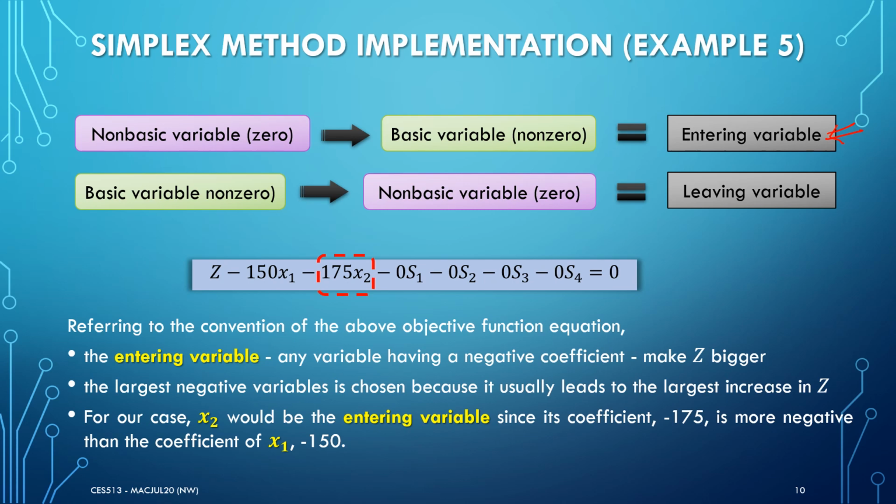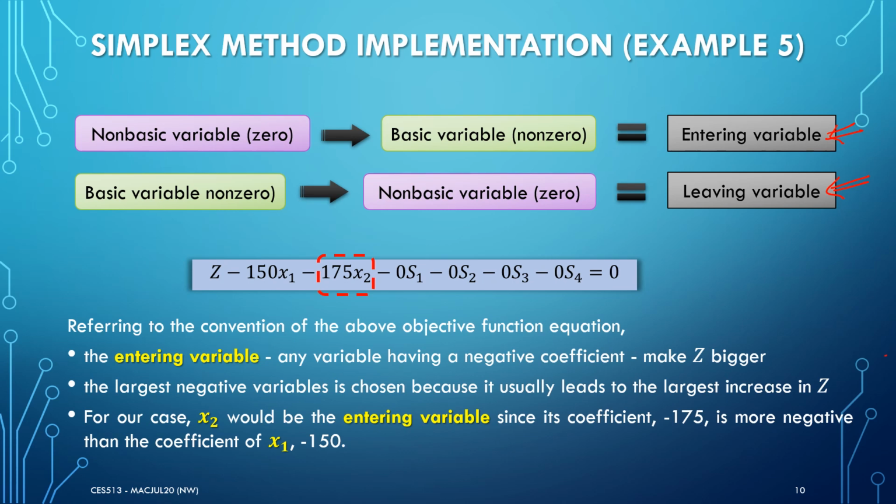Meanwhile, in the process, one of the current basic variables must be made a non-basic variable, which is a non-zero variable made to be a zero variable. So this is called the leaving variable. Now, let us develop a mathematical approach for choosing the entering and leaving variables.